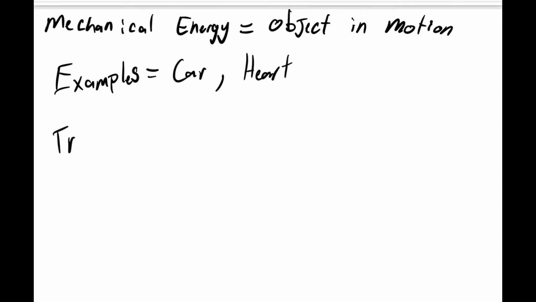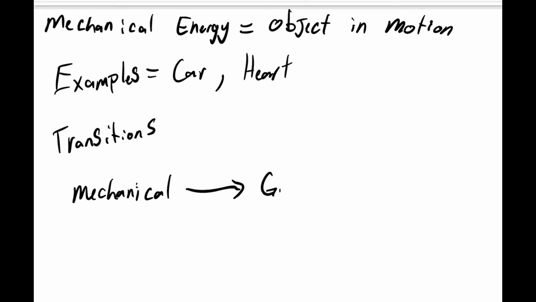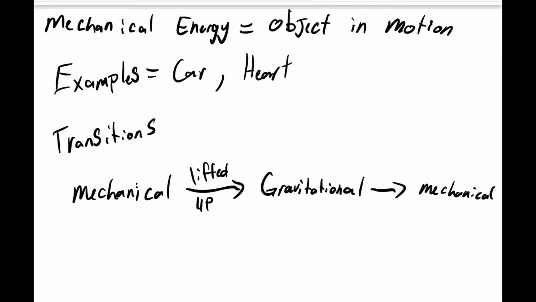Okay, transitions. Let's take, for instance, mechanical energy can convert into gravitational energy by something being lifted up, which then can go back into mechanical energy when that object is released.